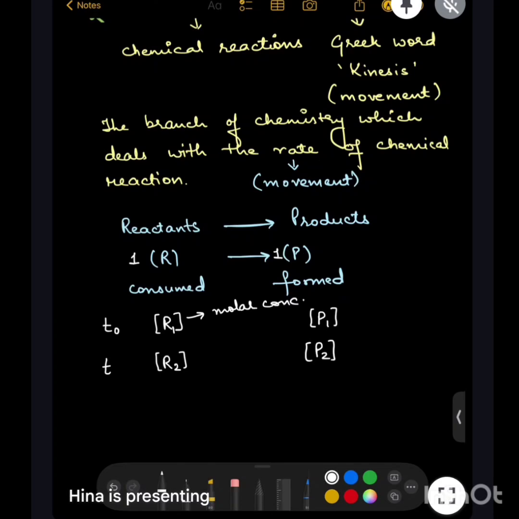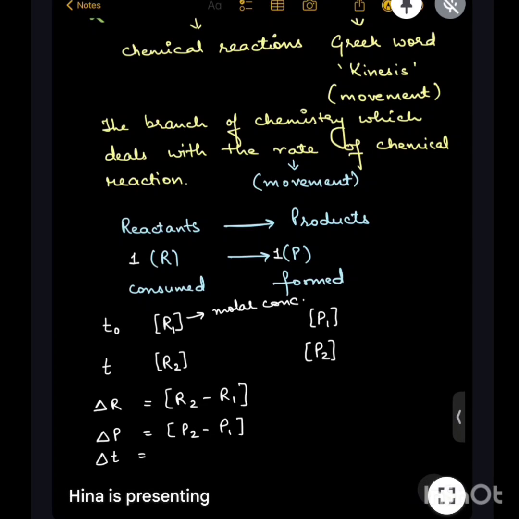So change in the concentration of the reactant can be represented as R2 minus R1. Similarly, for the product, it can be represented as change in the concentration of the product in a certain period of time, that is T2 minus T1.